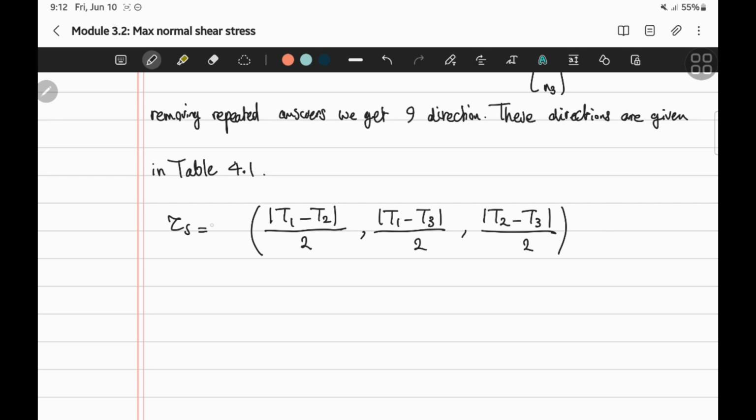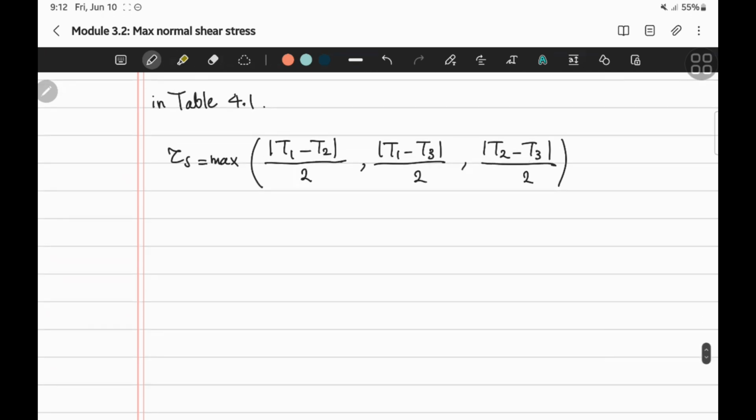And basically tau s is the maximum of these values. So basically, if we can find the maximum of t1, t2, and t3, as well as its minimum, we will be able to find tau s max.